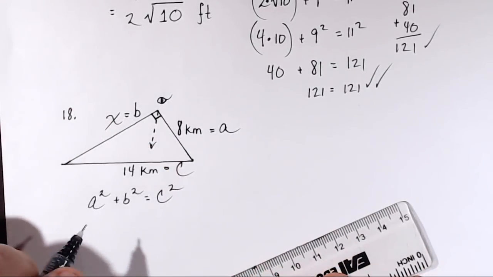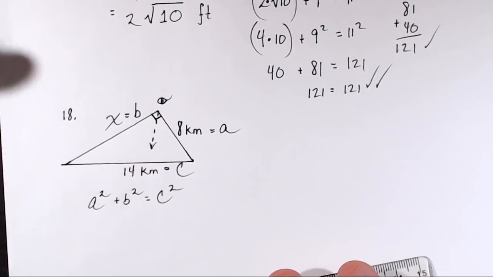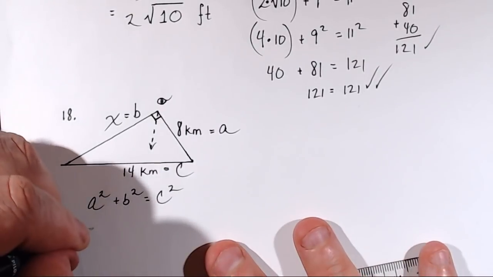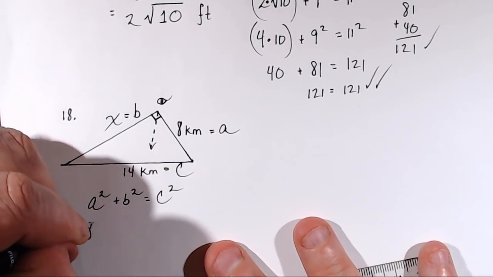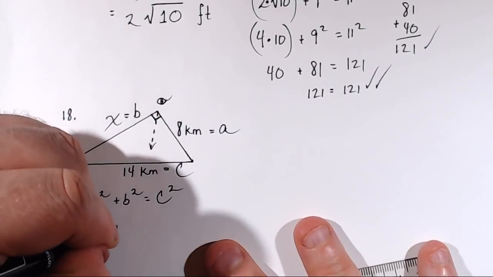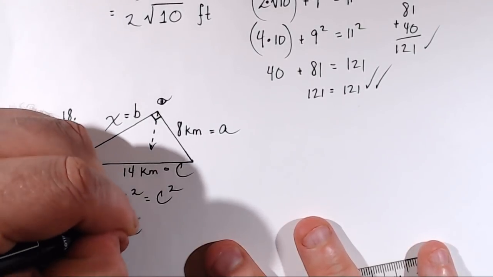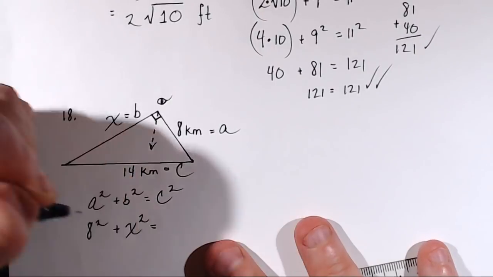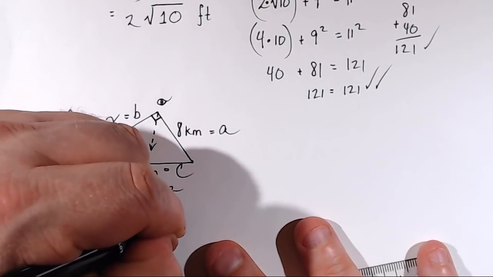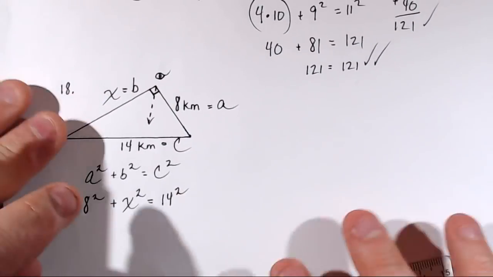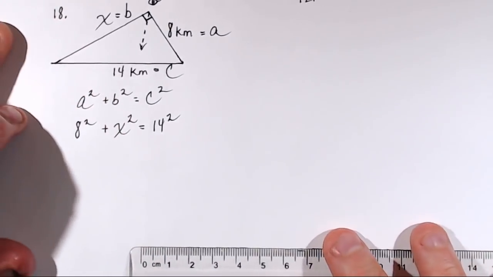Okay. So let's plug in what we know. Well, we know A is 8. So 8 squared plus B squared, which is x, so x squared, equals 14 squared. We'll have to figure that one out. I don't know 14 squared off the top of my head.